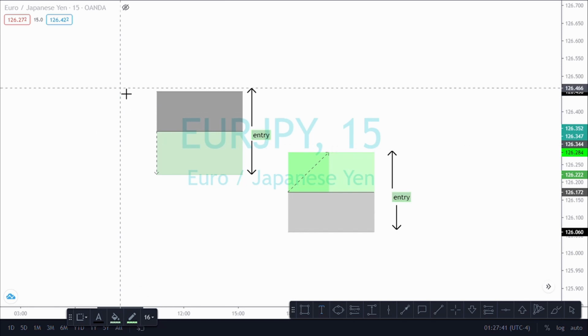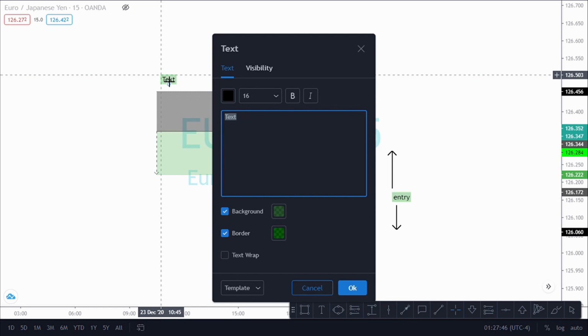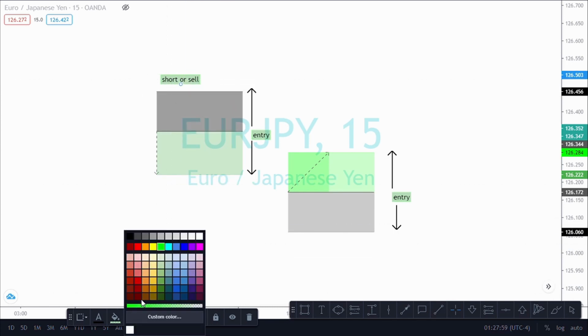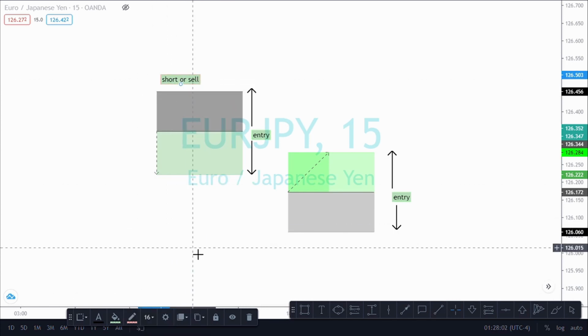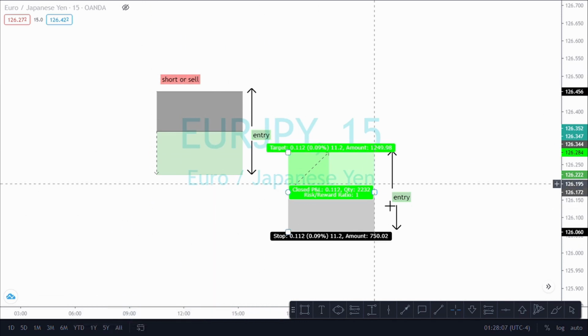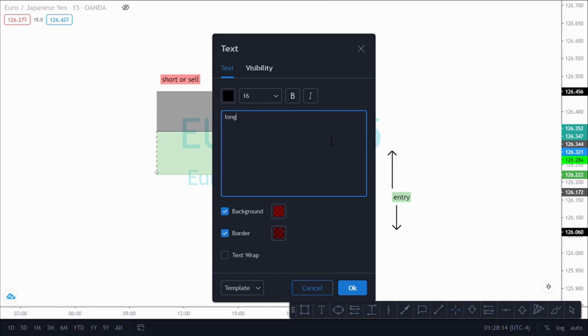And we all know when it's a downtrend, this would be a short order or sell. We should color code it really: short or sell, or this would be a long or a buy.